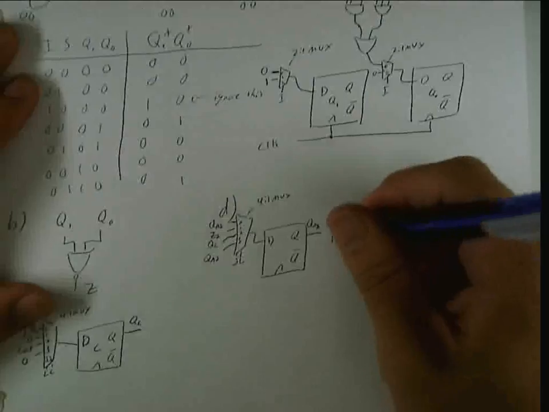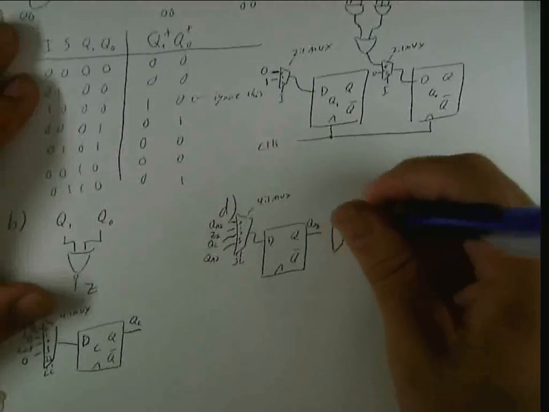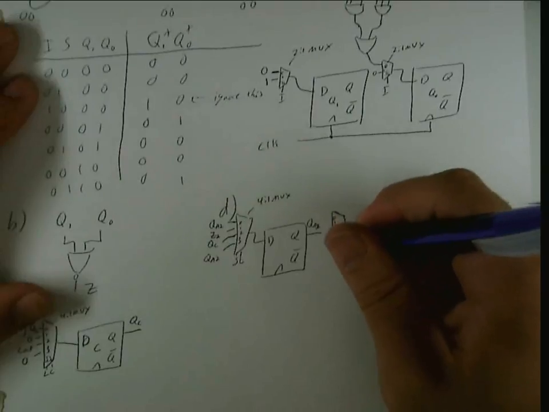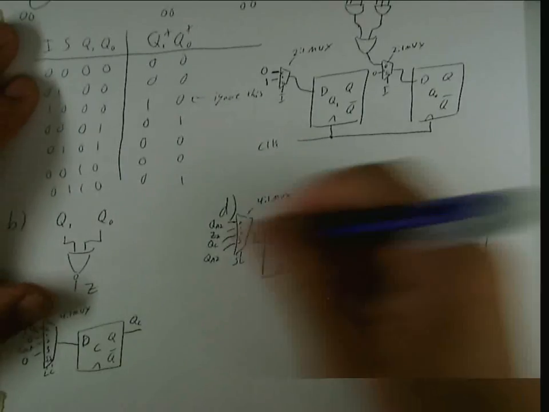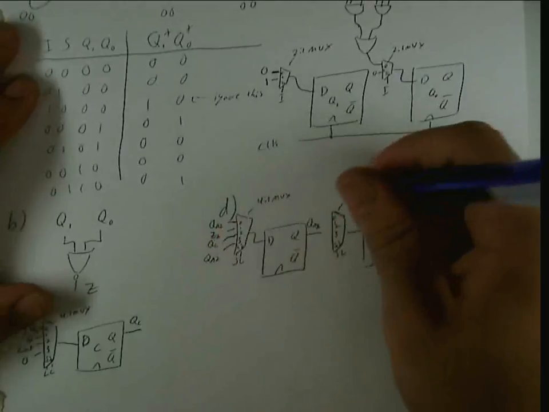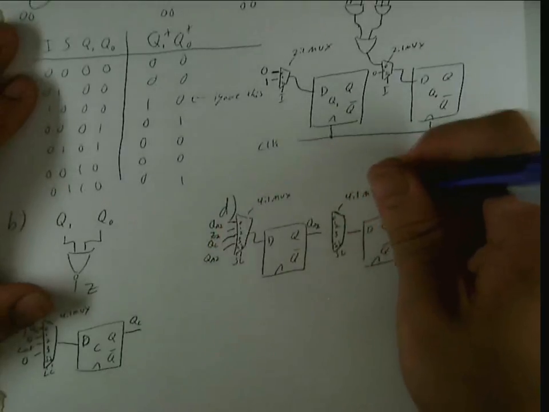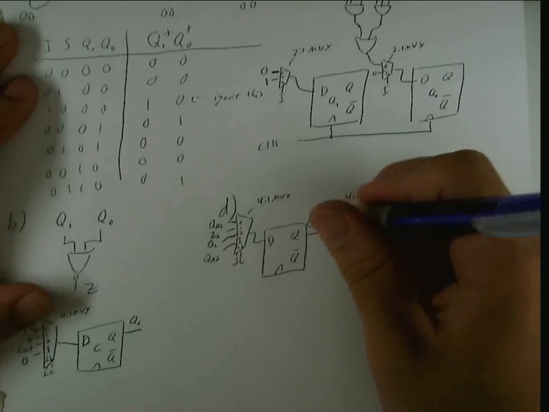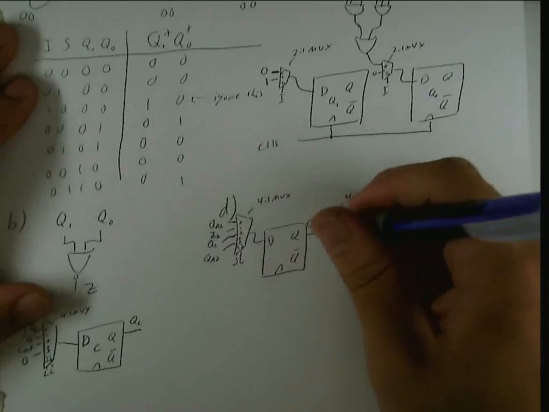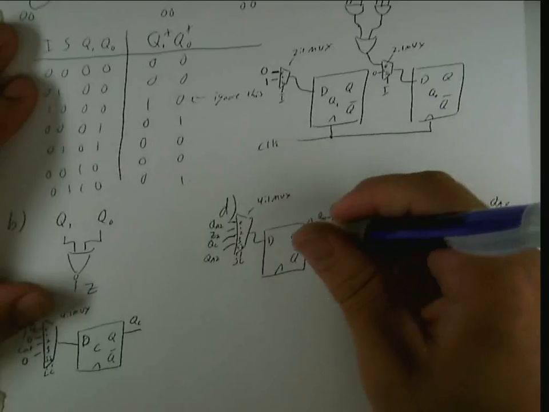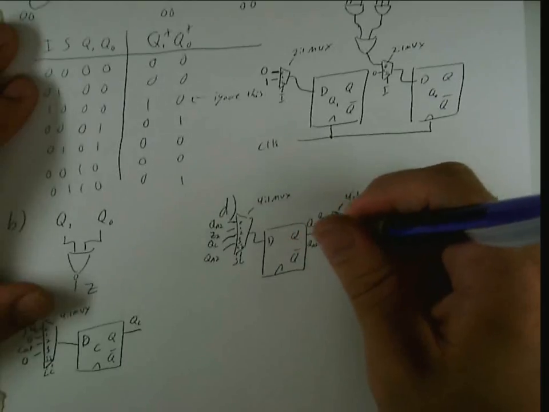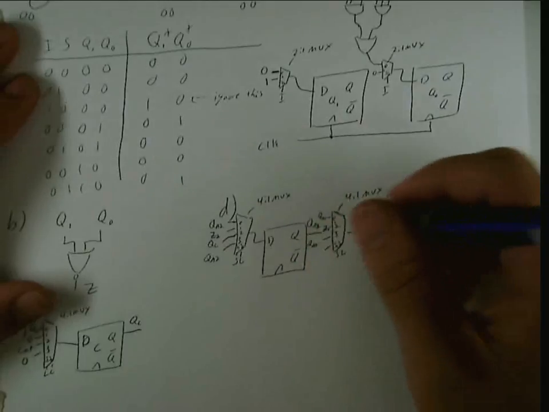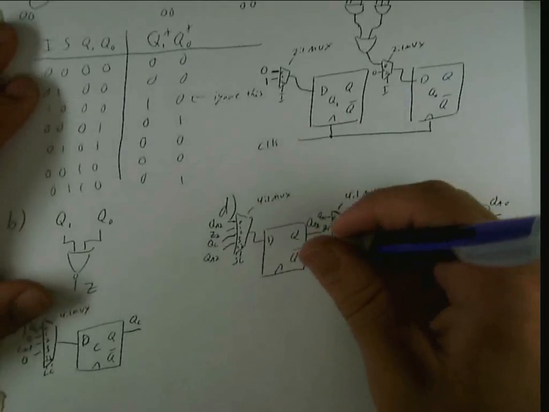Same thing here, pretty much. 0, 1, 2, 3, SL, S1, S0, 4 to 1 mux. And I'm going to put QA1 into here, Z1 into here, QA2 into here, and into this one goes QA1 just to protect ourselves.